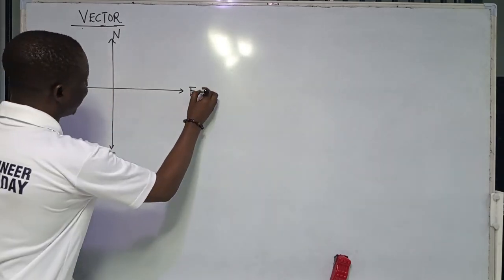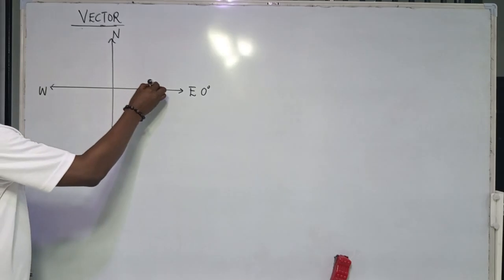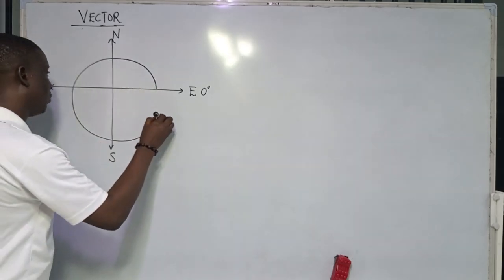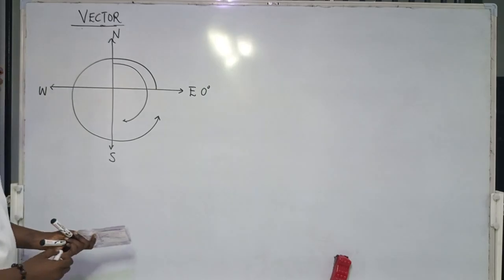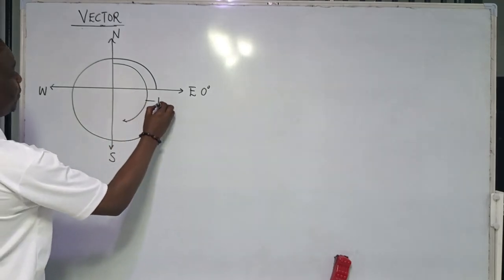So for vectors, the angle here is 0, then you rotate anti-clockwise. But bearing rotates clockwise. In vectors, the anti-clockwise direction is the most important.